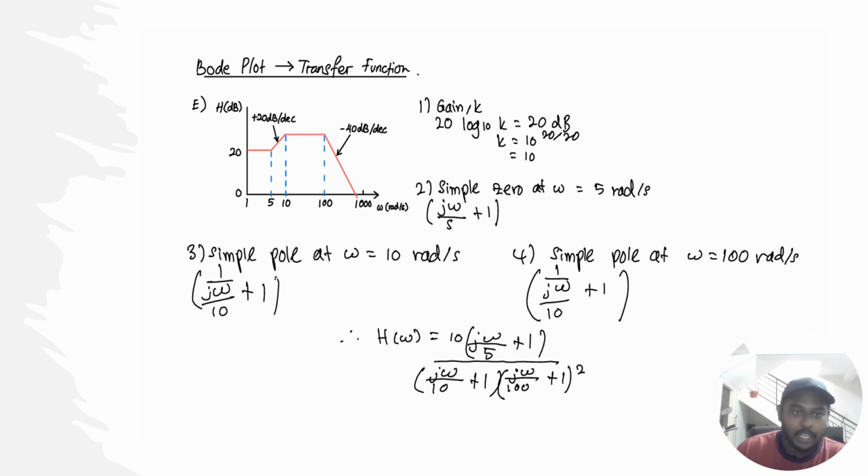And then the third one, we simplify the pole at omega 10 radian per second. The fourth one, simplify the pole at omega 100 radian per second. And the final answer we get here is H(jω) equal to 10 jω over 5 plus 1, over (jω over 10 plus 1)(jω over 100 plus 1) squared.